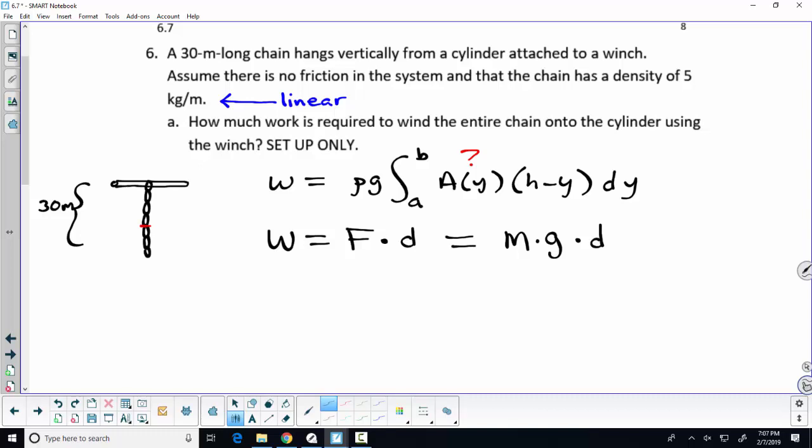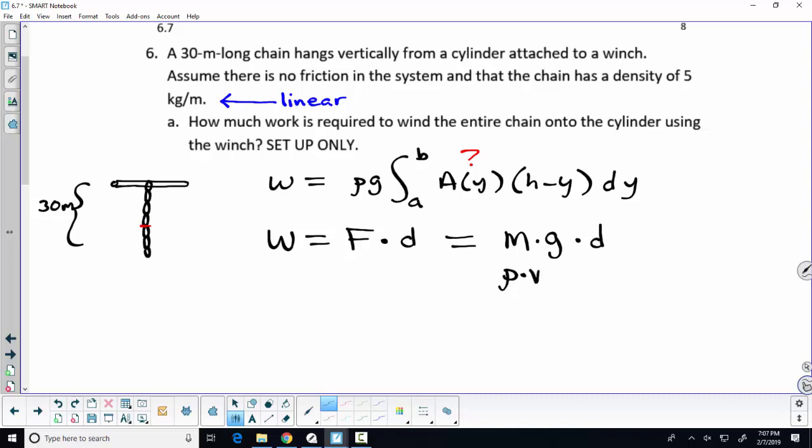Okay. So what did we talk about last time with mass and density and all of that stuff? What do we know? Density is mass times volume, or... Density times volume. Density times volume, right.